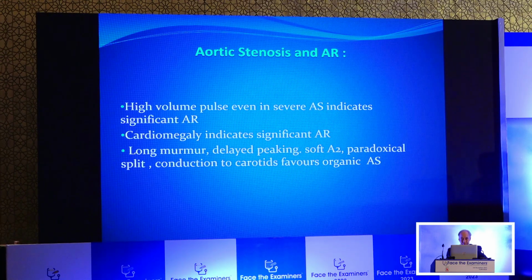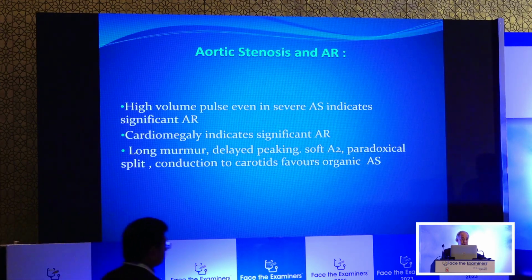And these years, in the era of TAVI, it may be important to know if there is a dominant AR or dominant aortic stenosis. If you see in a patient of severe AS that the pulse is high volume, it indicates that the patient should be having a significant amount of aortic regurgitation.